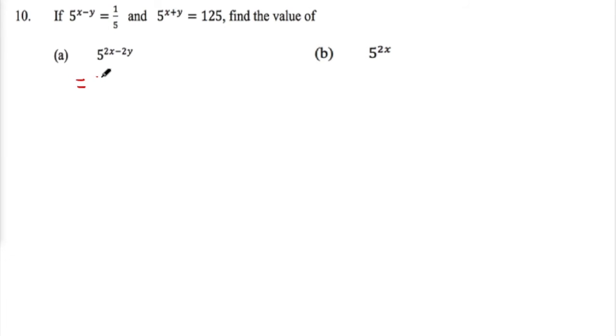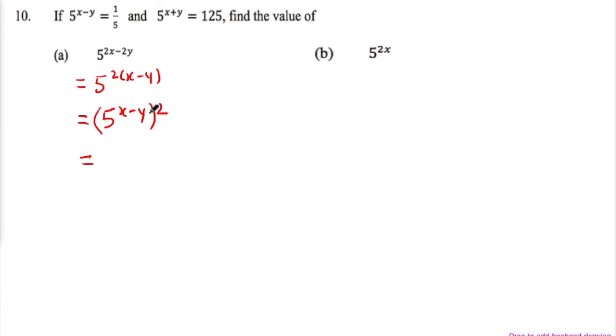Therefore, we can rewrite it as 5 to the power of 2 bracket x minus y, and we can write it as 5 to the power of x minus y bracket to the power of 2. Remember that in power to a power, we can multiply the powers, giving us this.